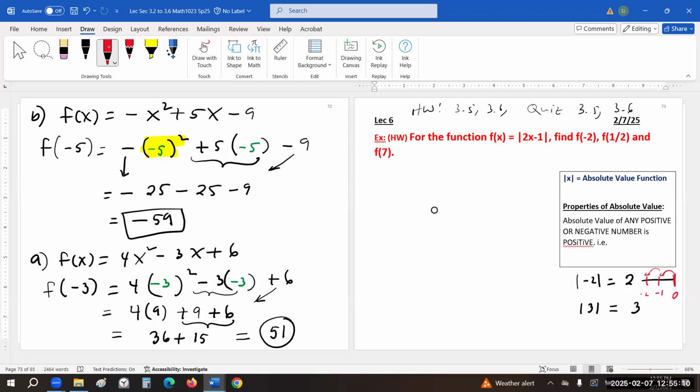So that's why absolute value of -2 is +2, meaning the distance from 0 to that number is 2 units. And this is also true for 3: from 0 to 3, we have 3 units of distance, so the answer is 3. So when you evaluate an absolute value function, it's just like a normal function. We substitute x with the given number and then simplify.